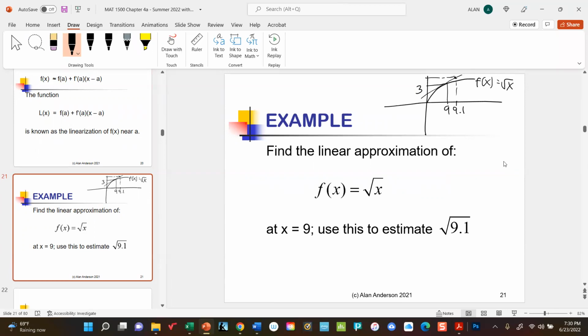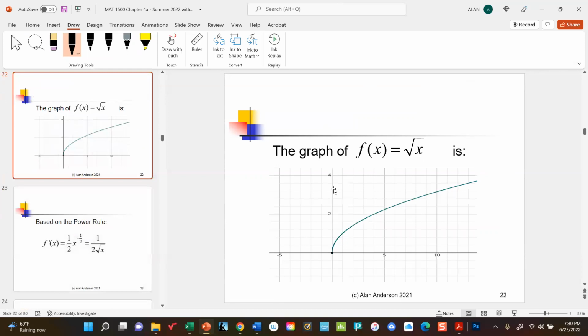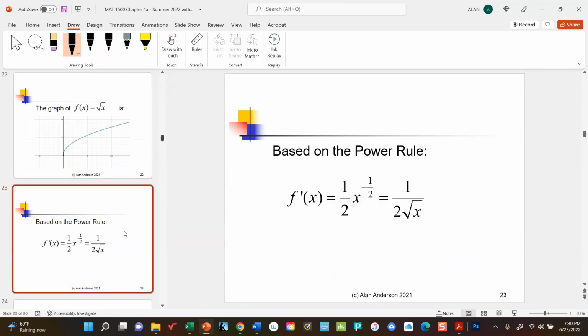You notice that the change in x is quite small, so that tells me that the approximation should be reasonably close. All right, so there's a graph that came from Symbolab. Of course, in order to do this, we do need the first derivative of this function. Since the function is radical x, remember that's the same thing as x to the 1/2 power.